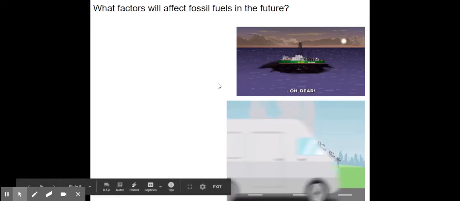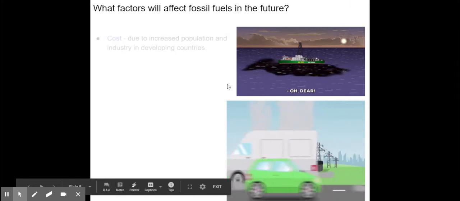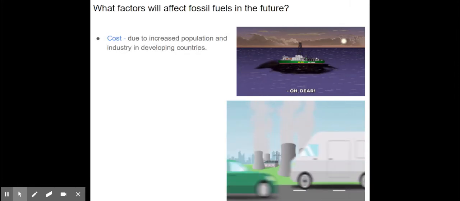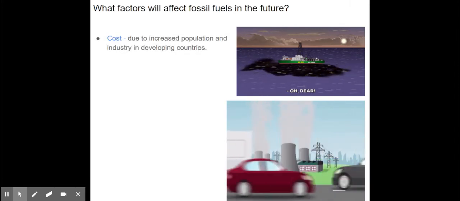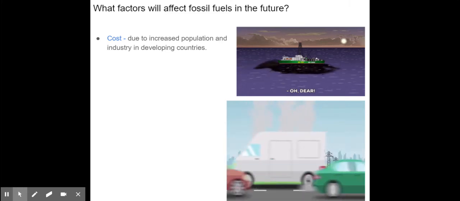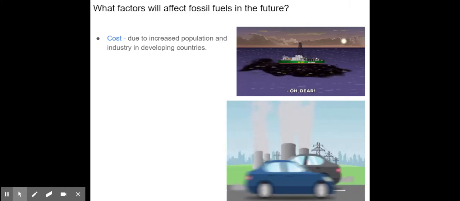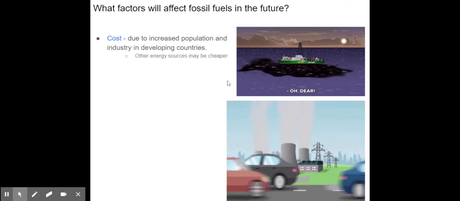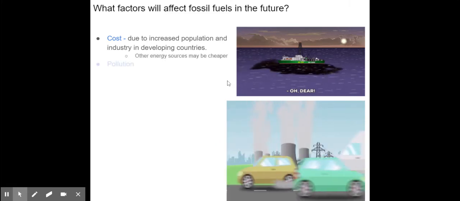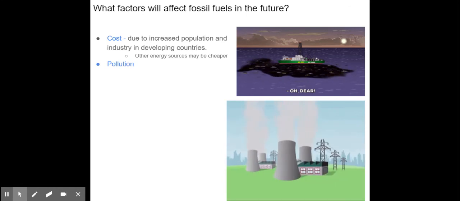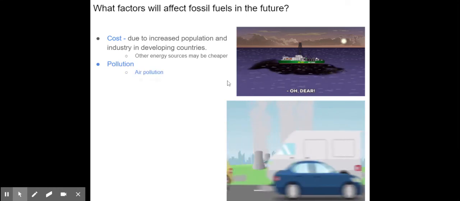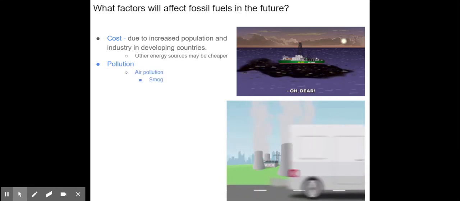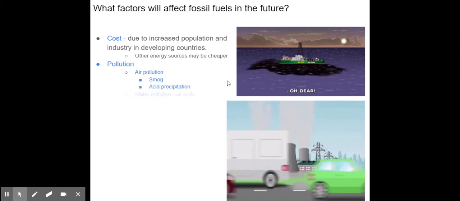What factors will affect fossil fuels in the future? Cost. Due to the increased population and industry in developing countries, fossil fuels are going to become more expensive. Other energy sources may be cheaper. Pollution is a big factor. We have air pollution, smog, acid precipitation.